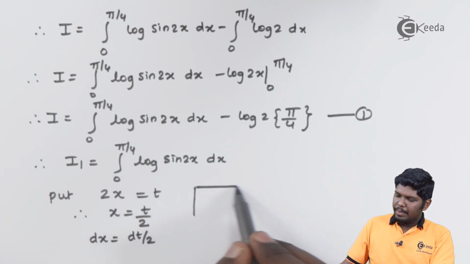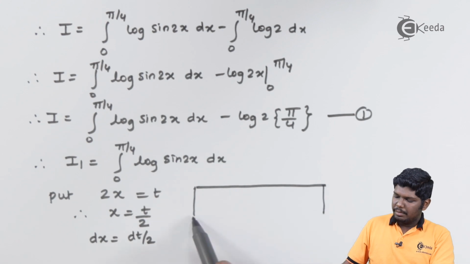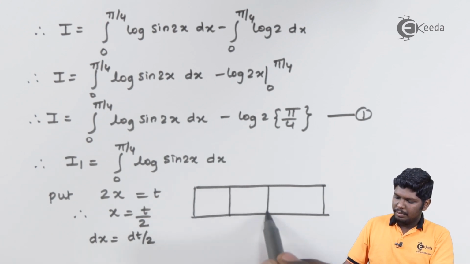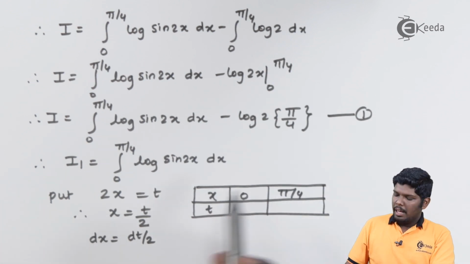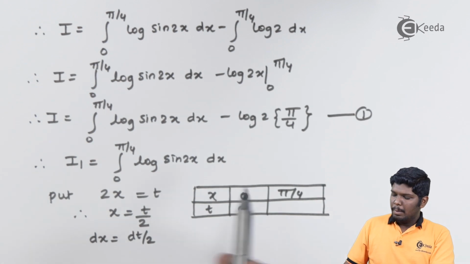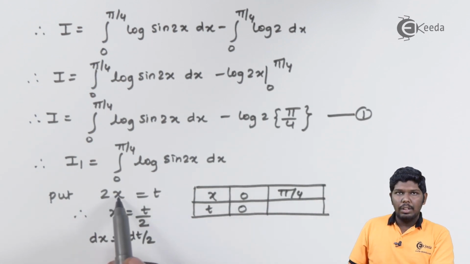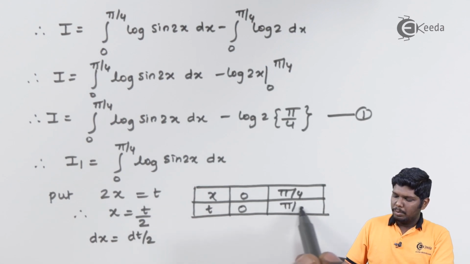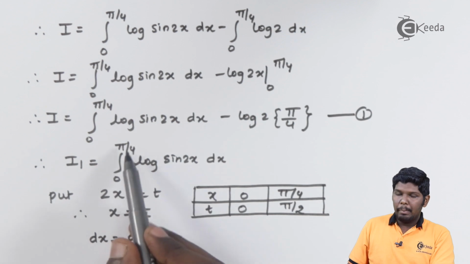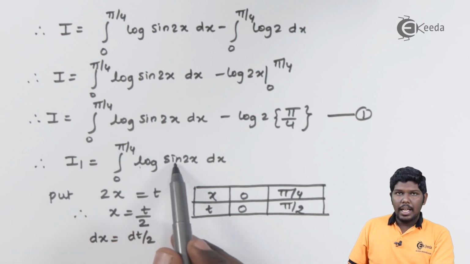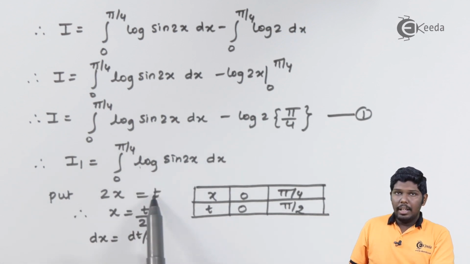At the same time, we will change the limits. If we put x as 0, the value of t will be 0 only. But if we put x as pi by 4, the value of t will be 2 into pi by 4, that is pi by 2. So I1 will be integral 0 to pi by 2 log of sin t and dx will become dt by 2.